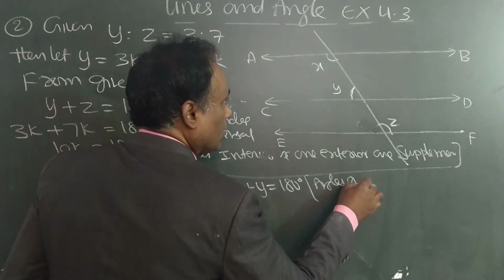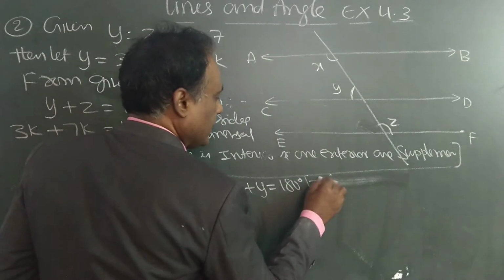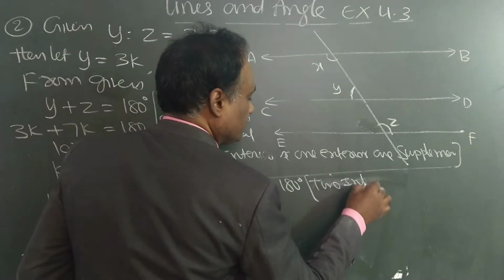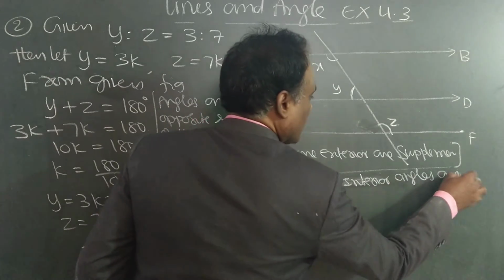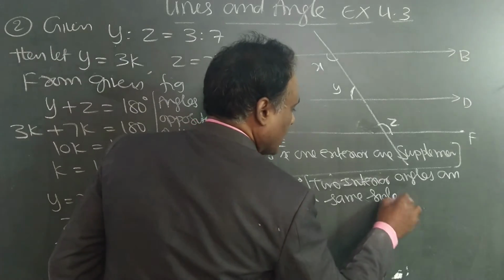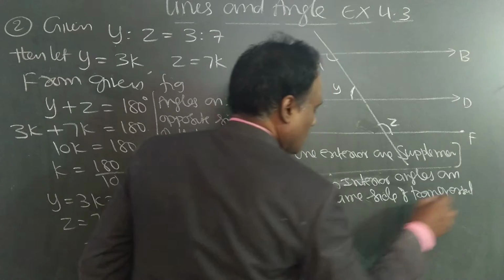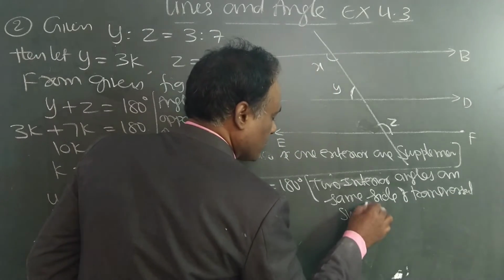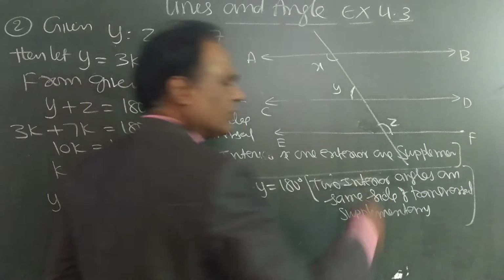Two interior angles on the same side of the transversal are supplementary. Supplementary means sum is 180. I gave the reason also.